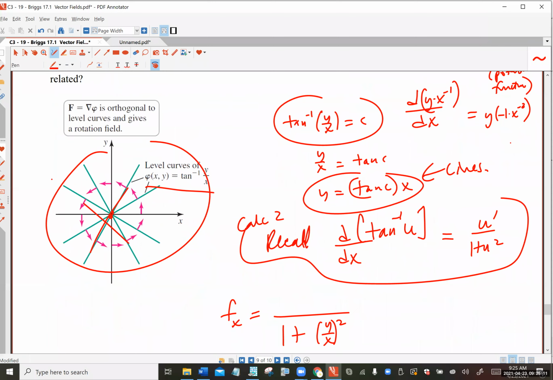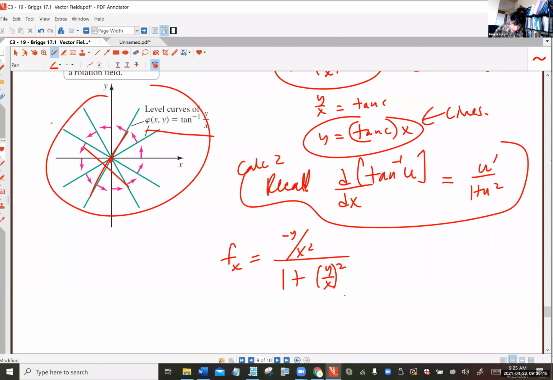If I clean it up, which is not that clean, I'll get that. But then what? Well, this x squared can swing down, that's legal. And then if I rewrite this by distributing, it doesn't look too bad. It looks like -y over x squared plus y squared.